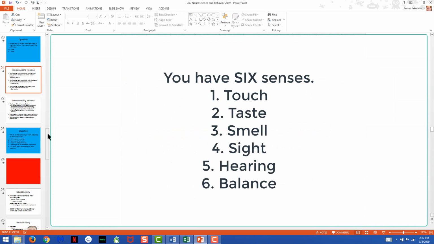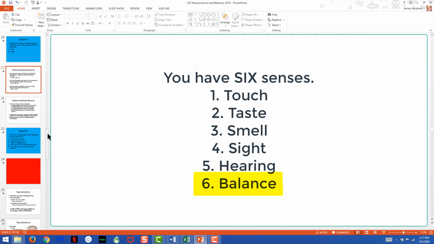Balance is your 6th sense. Balance has a specific receptor system on the cochlea of your ear, which is entirely distinct from the portion of the cochlea that's used for hearing. So to say that you have 5 senses is sort of old now. You have 6 senses. Balance is your 6th sense.